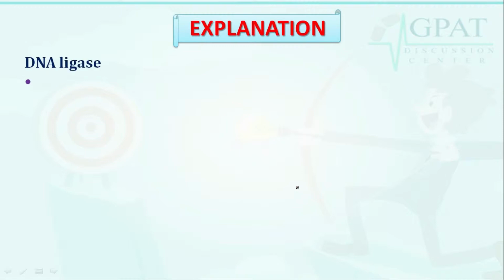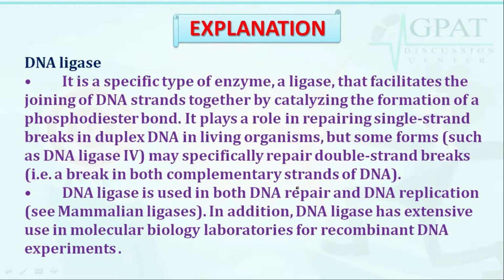So let's discuss with the help of explanation that it is a specific type of enzyme, a ligase, that facilitates the joining of DNA strands together by catalyzing the formation of phosphodiester bond.